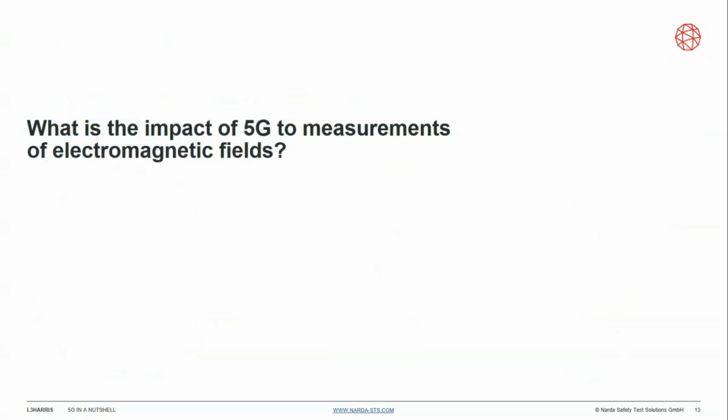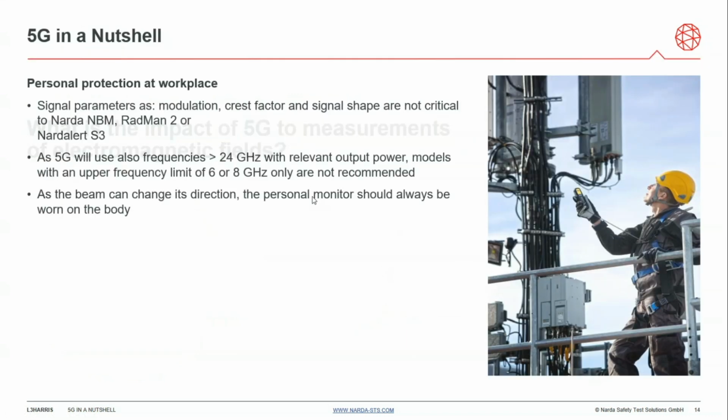Coming now to the subject of Narda, of testing. What does that mean for measurement of electromagnetic fields? So first of all, start with the personal protection at the workplace. So here the testers like the good old Narda Redman, or the new latest the Narda Redman 2, or the Narda Alert S3, or the NBM, the broadband meter, which is all being manufactured here at our German facilities.